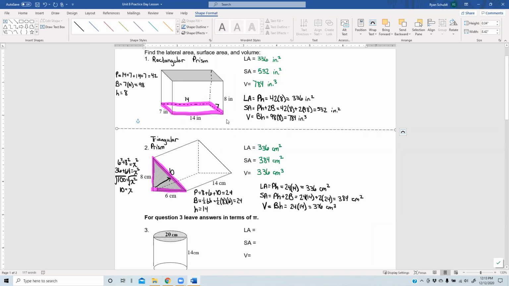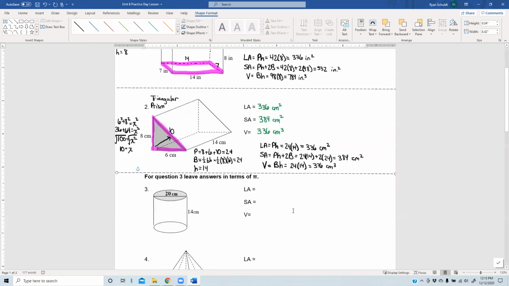Like I said, I just don't want this to become a jumbled mess. So let's kind of separate it.